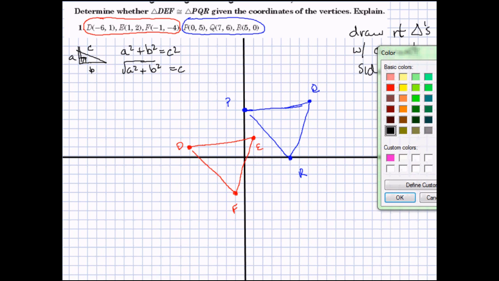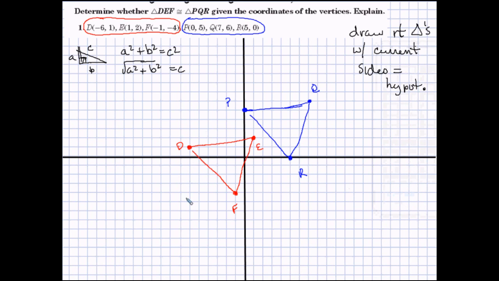So I'm going to start with green. I'm going to do DF and PR. So to go from D and F, I'm going to make a right triangle. And then PR kind of already has one. And if the lengths of these legs and these legs are the same, then the hypotenuse, or hypotenuses, I'm not sure which it is, would also be the same length.